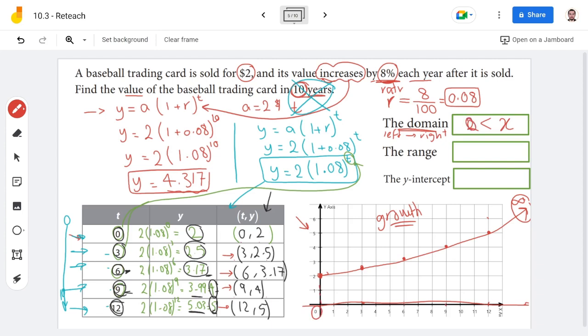So the domain is from 0 to infinity, which is all the values greater than 0.